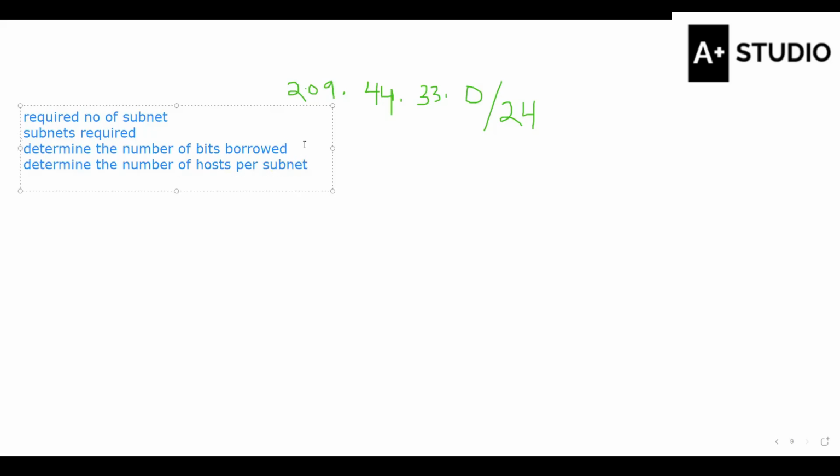And then we calculate the new subnet mask. Then we apply the subnet mask to the IP space.